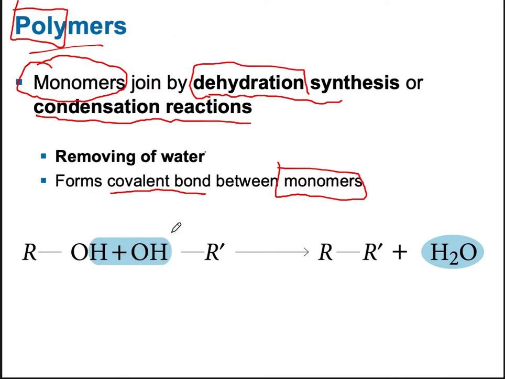And so in this example, here's one monomer here, and here's the second one. Try to differentiate these by, since I don't have different colors right now, I'll do it by polka dots, okay?